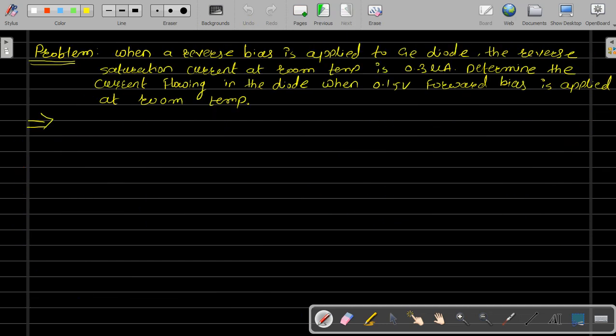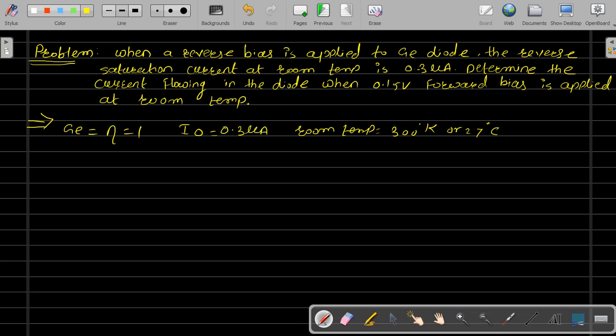Now in this problem, first we'll extract the data. A germanium diode is given, so from that, eta value is 1. The reverse saturation current I naught at room temperature, which is nothing but 300 degrees Kelvin, or we can say 27 degrees Celsius, is 0.3 microamps.